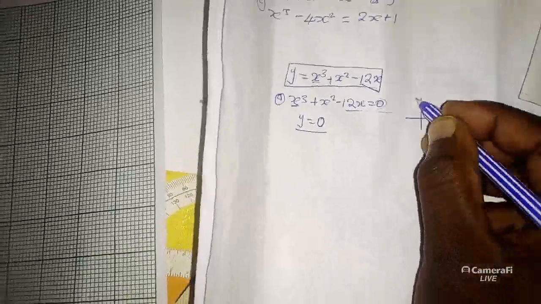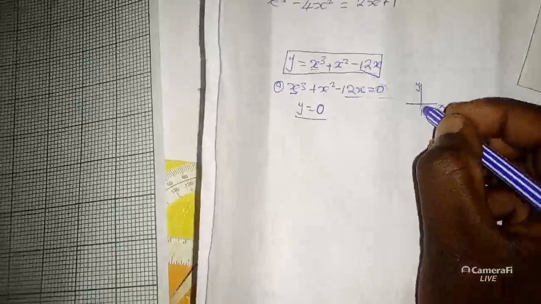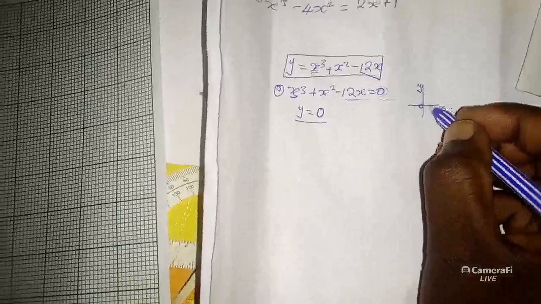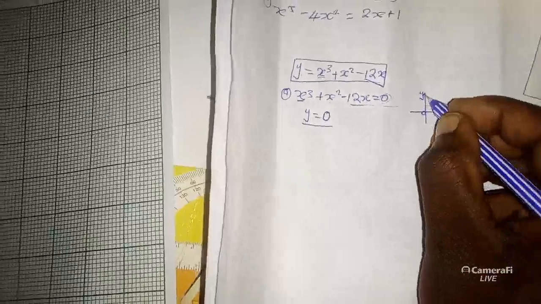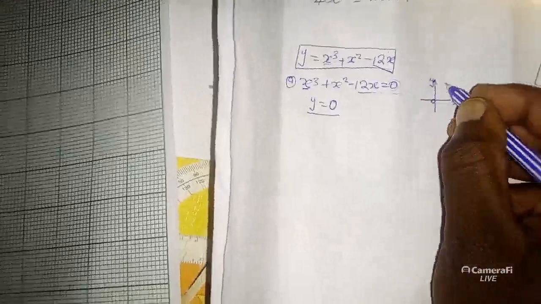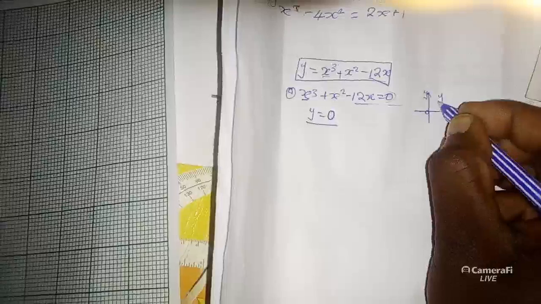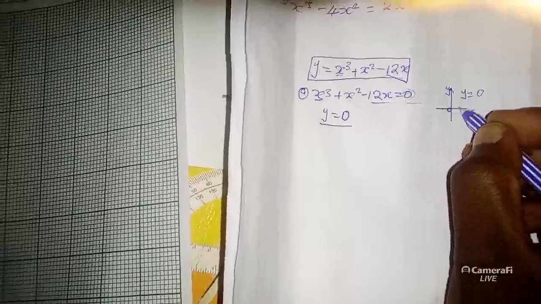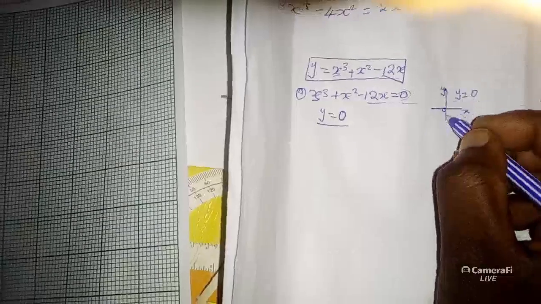When you have a line like this, you have the x-y plane. This is x, this is y. This line, we say this is 0. This line that crosses the x-axis, it crosses the x-axis at 0. So when you say y is equal to 0, you are representing this line that crosses x at 0.